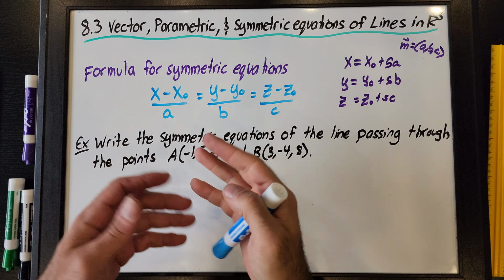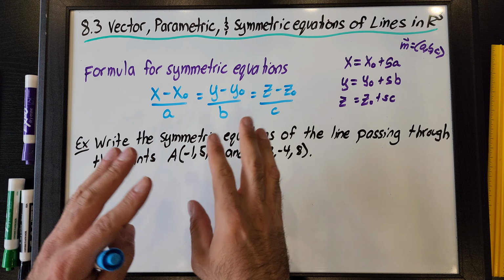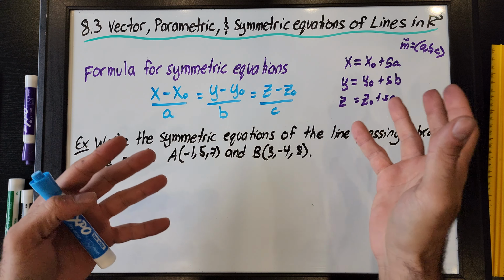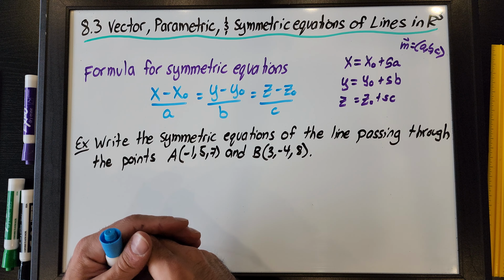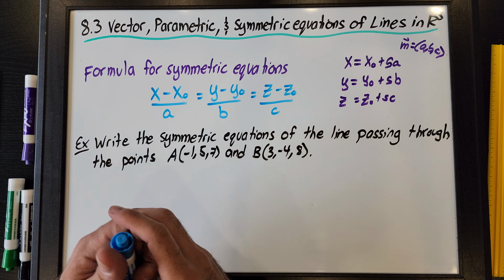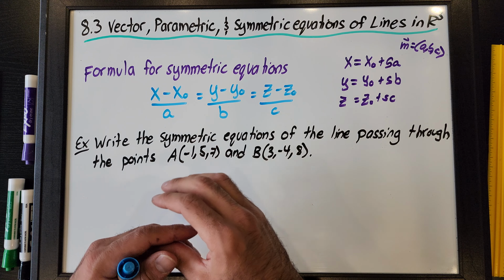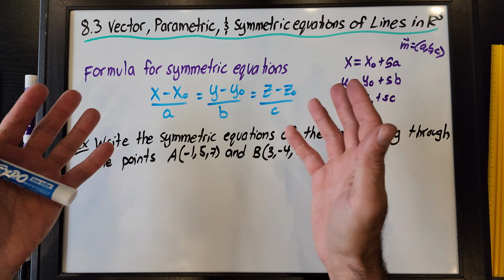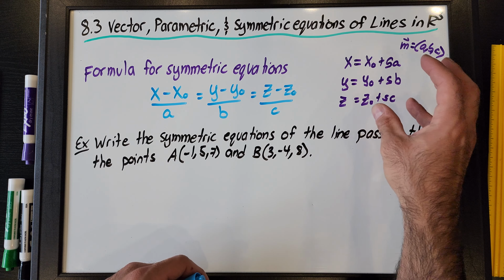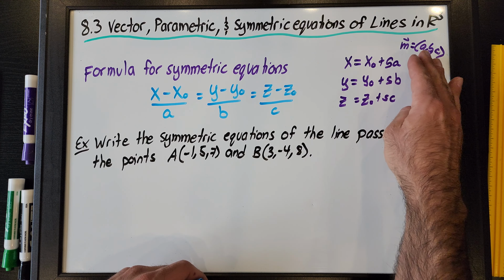Okay, so there's a formula for symmetric equations. I don't really like following formulas. I like just knowing what they are, so you can get there from whatever scenario you're in. Formula is a little bit too rigid for me. But this is the formula if maybe it works for you. If you have your parametric equations here, we have our directional vector A, B, C right there.